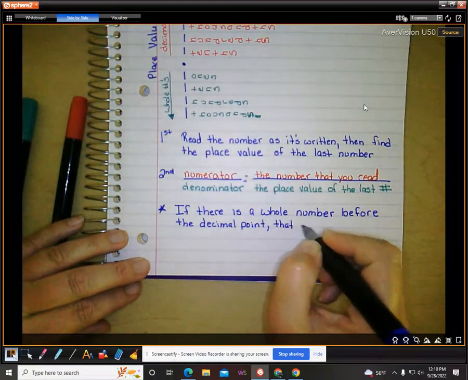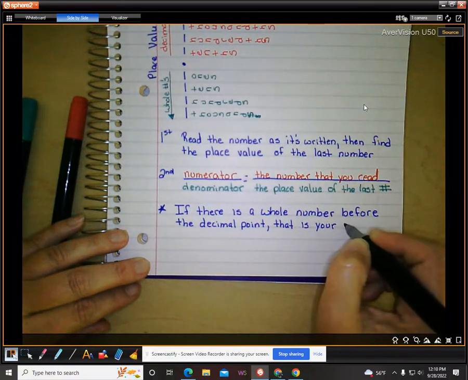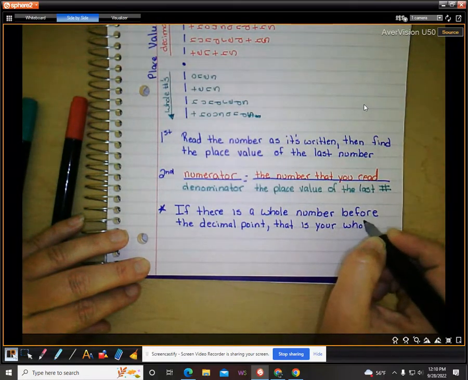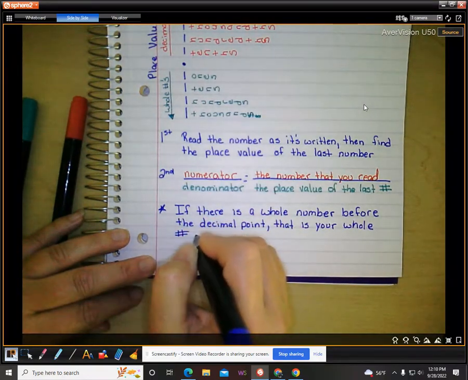And again, I'm going to use my symbol so I don't have to write out the word.